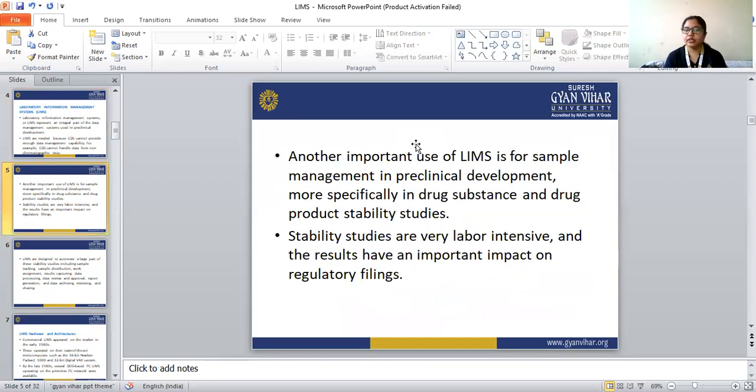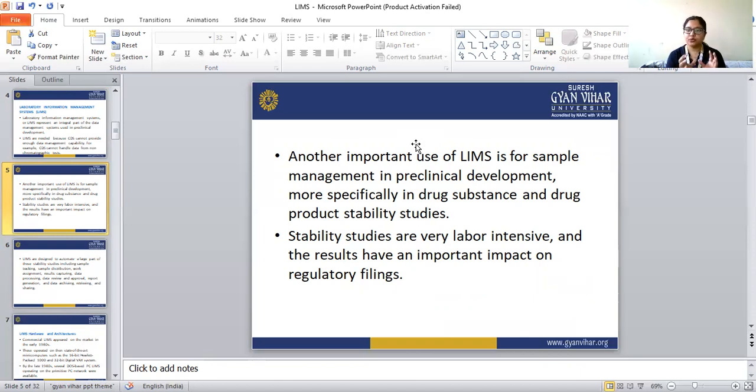Another important use of the LIMS is, first, the LIMS collects all the data, including data from non-chromatographic systems. That is the first important factor. The second important factor is that LIMS is for sample management in preclinical development, specifically in the drug product stability studies.